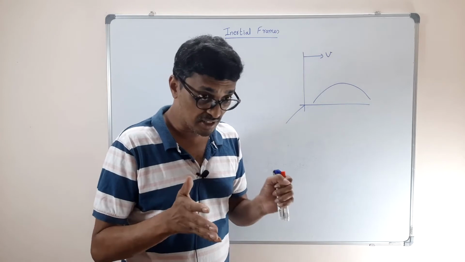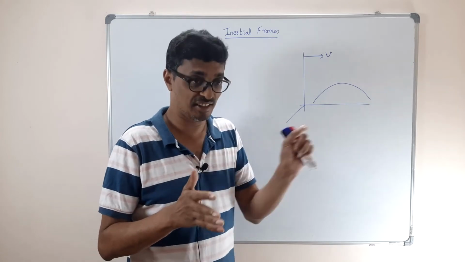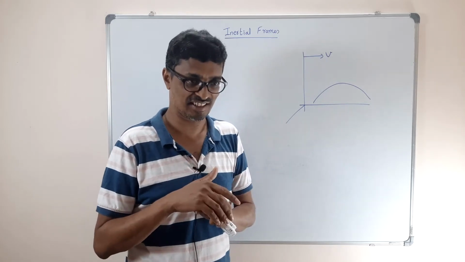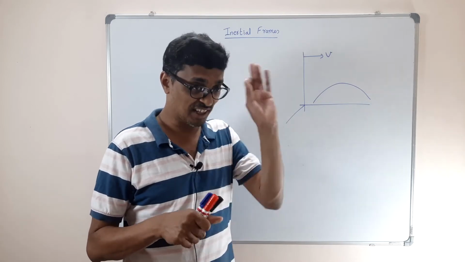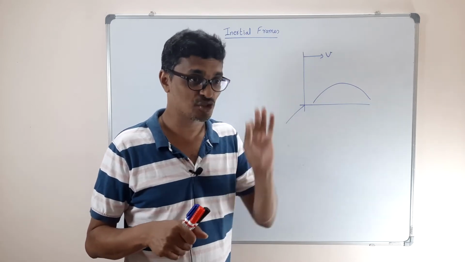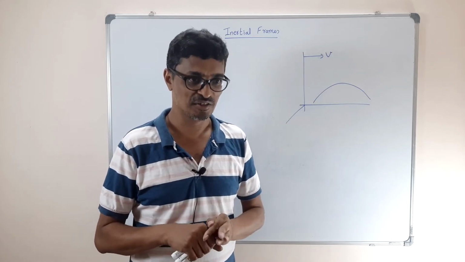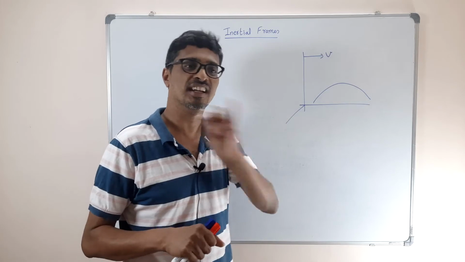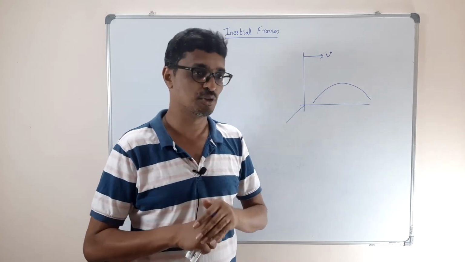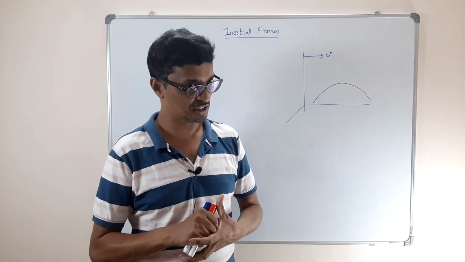The moment any of the frames is accelerated, your second law says there has to be a force applied to it, and then that frame is no more an inertial frame. That frame is called a non-inertial frame.